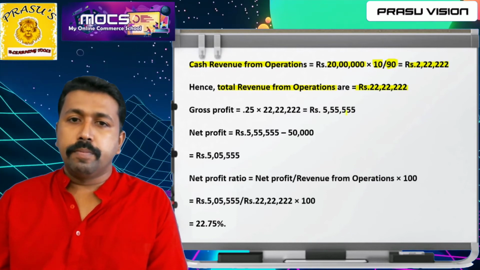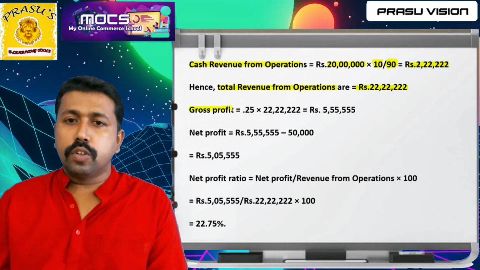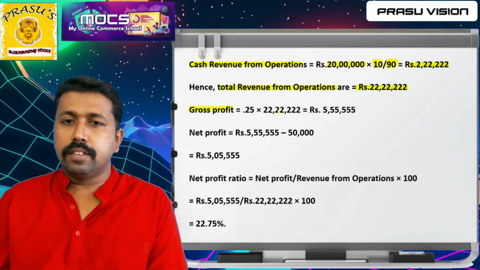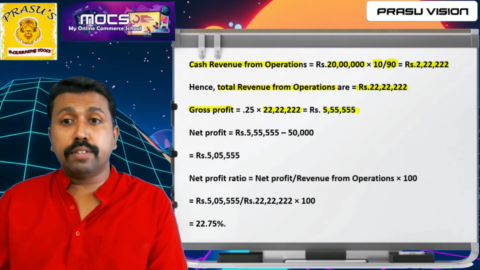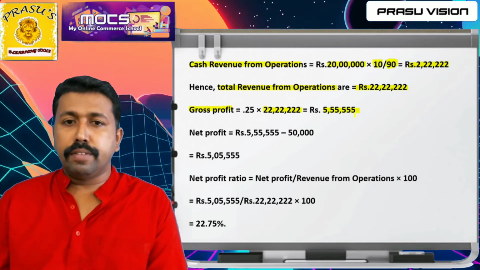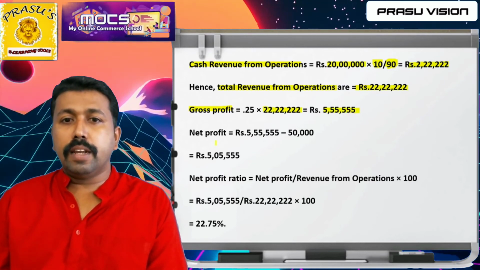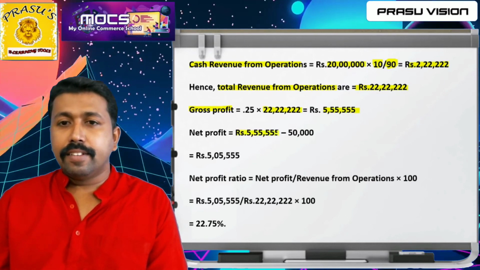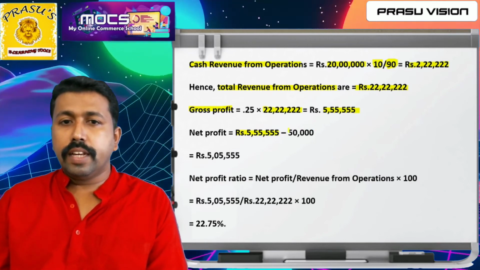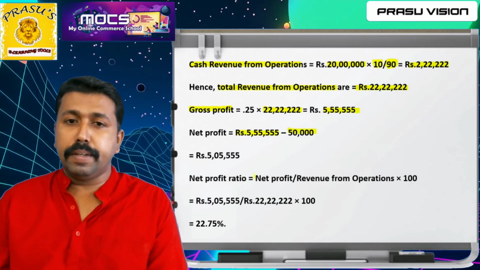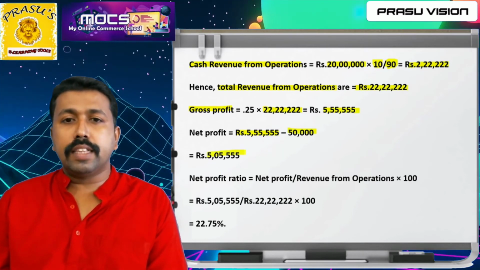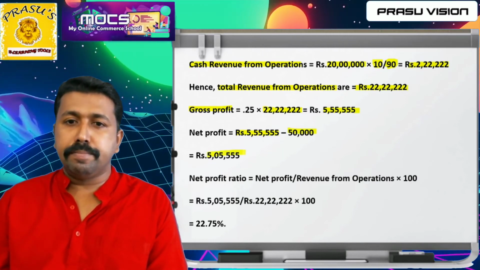So total revenue from operation will be 20 lakh plus the amount of cash revenue, 22,22,222. We have to find out the gross profit, 25% of the total revenue, 5,55,555. And we can find out the net profit by deducting the expenses. So gross profit minus 50,000, the amount of indirect expense, we will get 5,05,555.